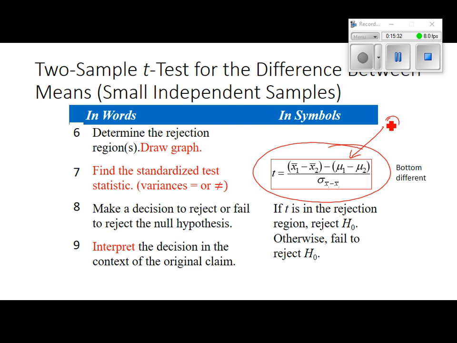And that's for the whole chapter. The bottom part down here, notice it says over here on the side, the bottoms are different, and that's on the next couple of slides. The top stays the same, it's just x bar 1 minus x bar 2, and on the bottom it's two different things. And again, if you use your calculator, you really don't have to worry about that. But you should know that there is a difference.